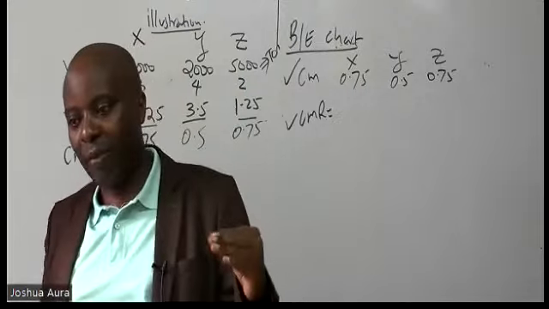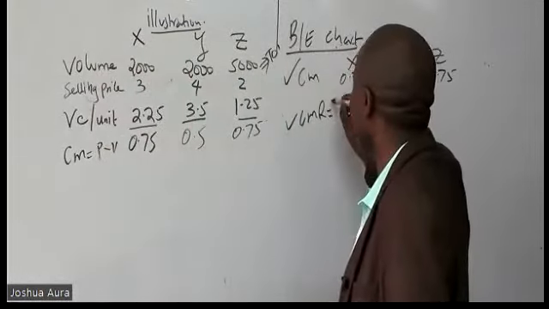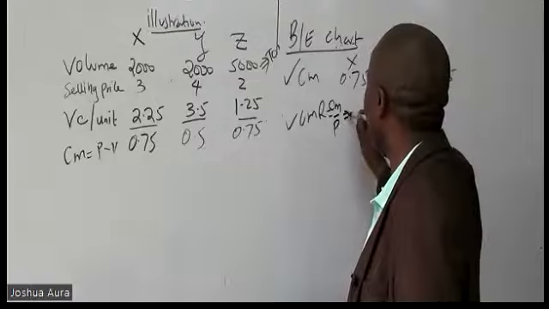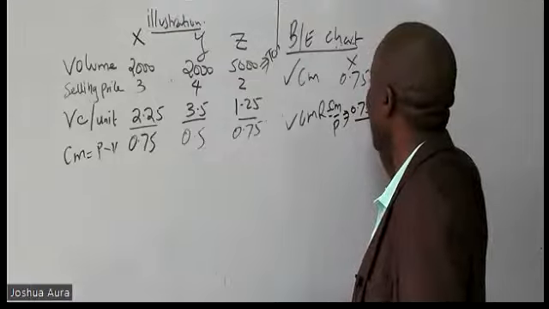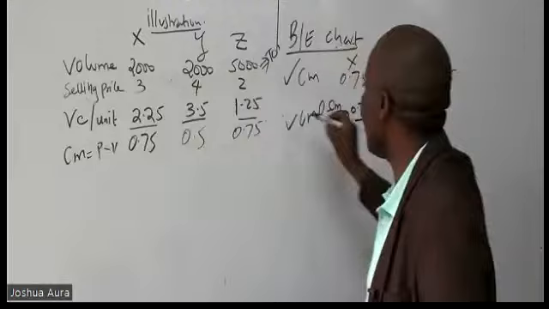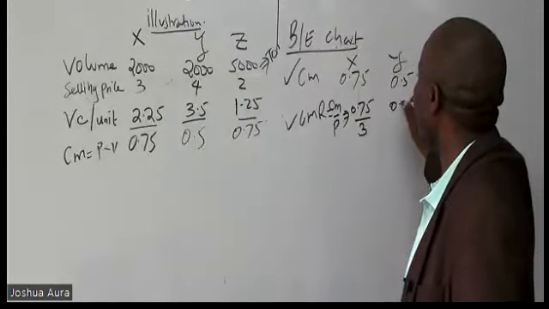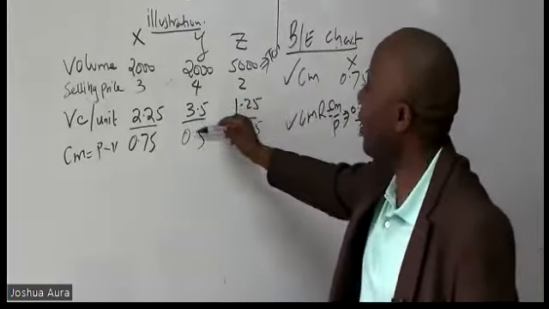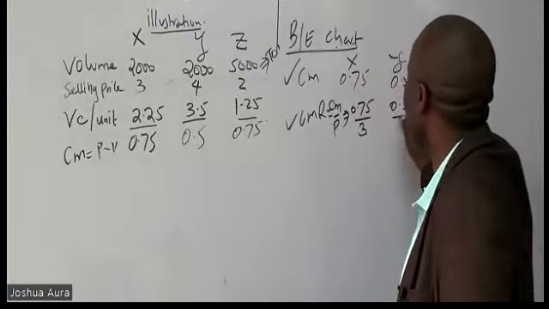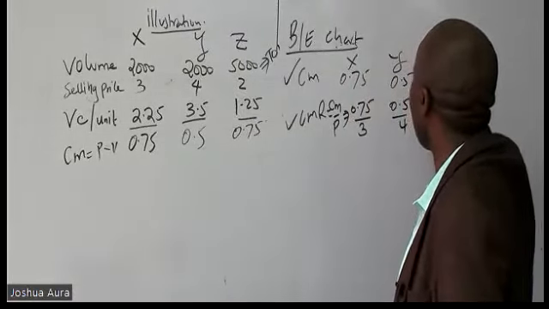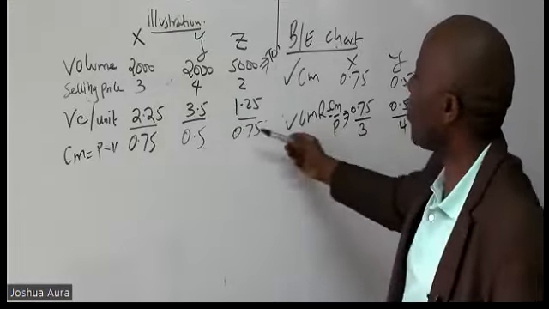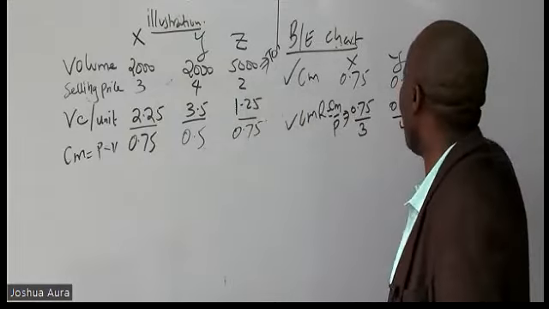It is CM over price. Yes, it is CM over price. So here it will be 0.75 divided by the price, which is 3. This is 0.5 for Y divided by the price, which is 4. And this is 0.75 divided by its corresponding selling price, which is 2.